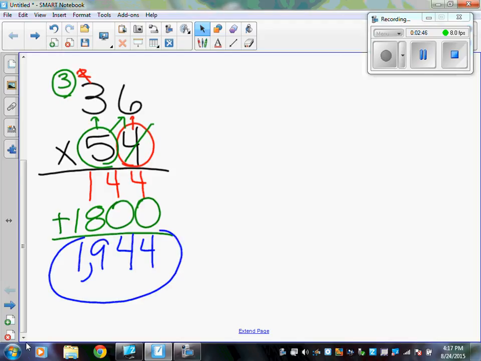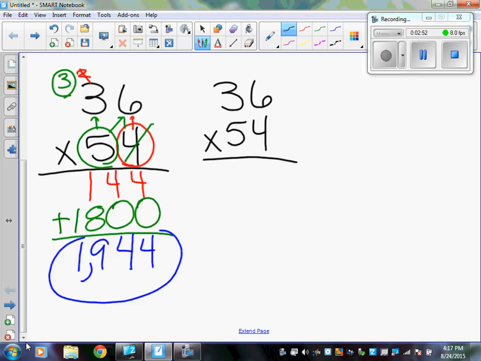Now we're going to take this same problem, 36 times 54, and we're going to use that break apart strategy to help break it down into smaller problems, because sometimes when you put all the numbers all together, it can get kind of confusing or get bogged down in it. The way we do this is we take the second factor and we split it apart.